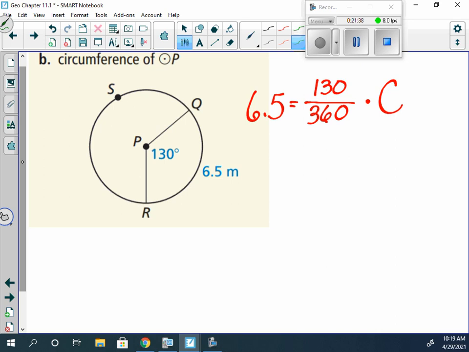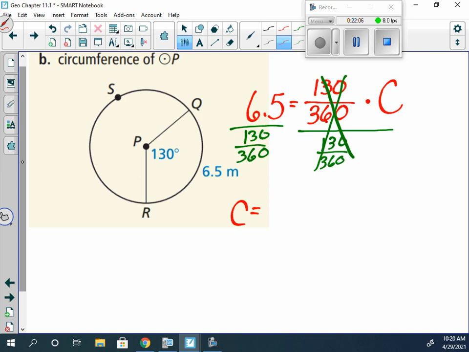But really we're trying to get C by itself, because we can divide both sides by 130 over 360 because it's going to do the same thing as if we simplified it. Because anything divided by itself is 1. So we get 18, 18 meters, if we were to include our units.